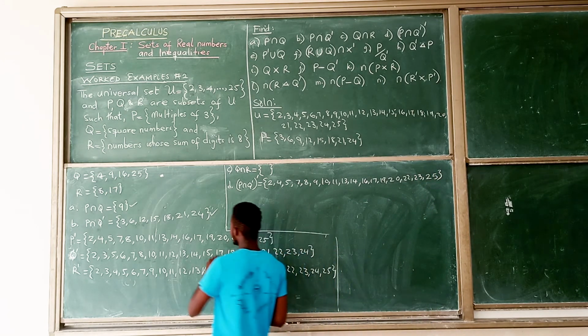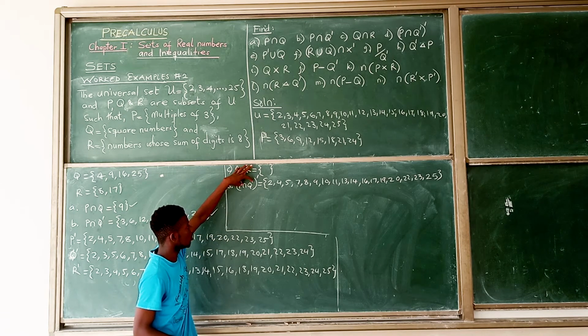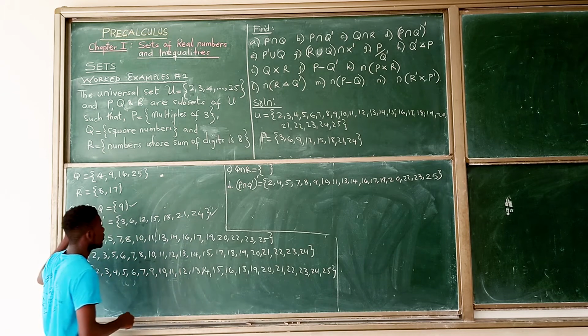So these are the elements that are within the universal set and are not found in P intersect Q, which we already have here.